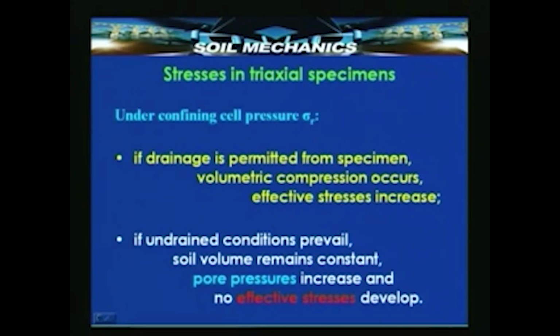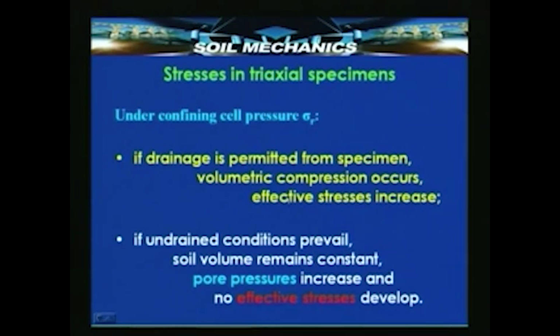Since the behavior of a soil under stress is very much controlled by the stress that it has experienced in situ, we must recreate the in situ stresses in the specimen in the lab. That is why we apply a confining cell pressure sigma r, whose magnitude is equal to the confining pressure expected at the depth from which this specimen has been collected.